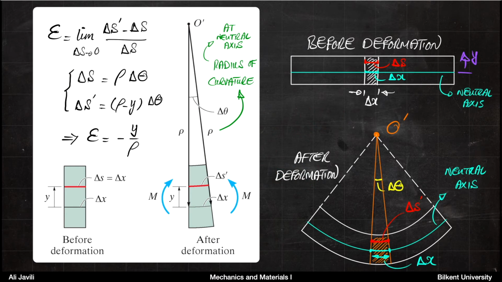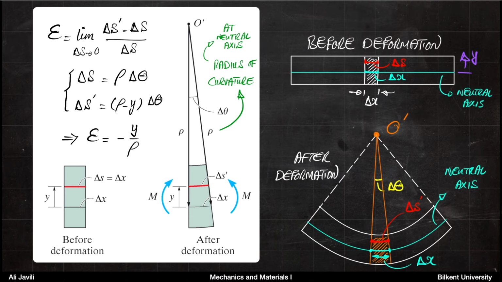Now, for delta S prime, it's not on delta X, but you can play the same game. If you think of the distance here, and you multiply that distance by this incremental angle delta theta, you also get delta S prime. So delta S prime is rho minus y times delta theta.